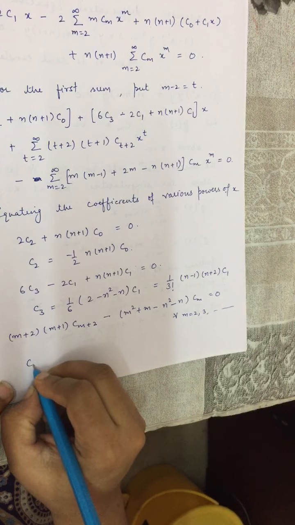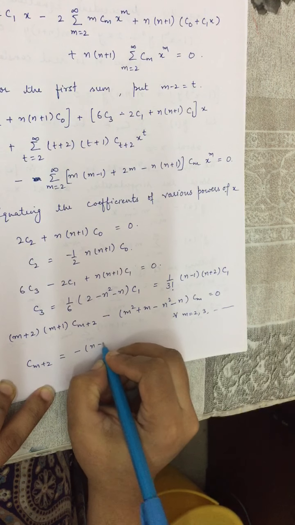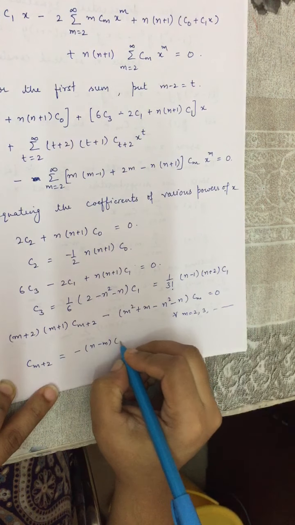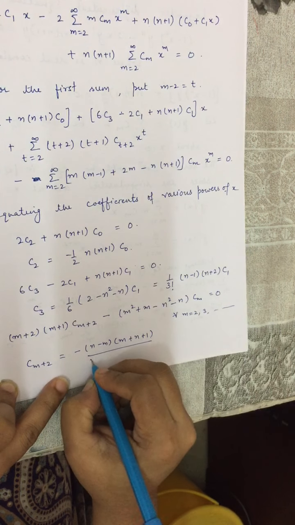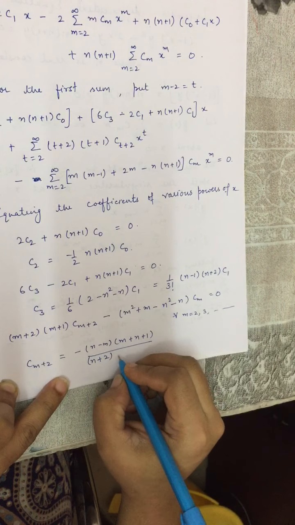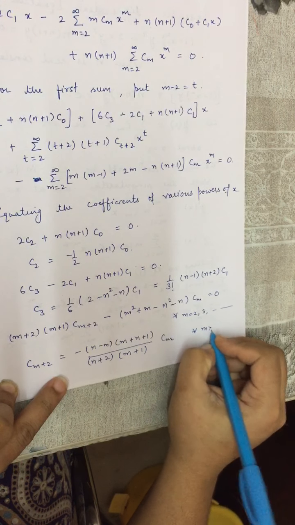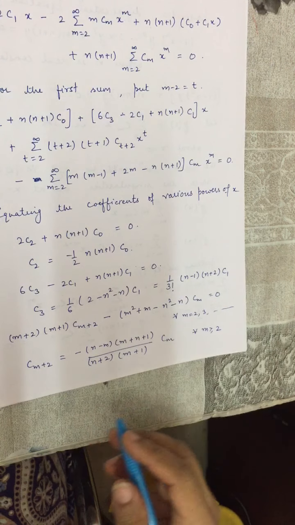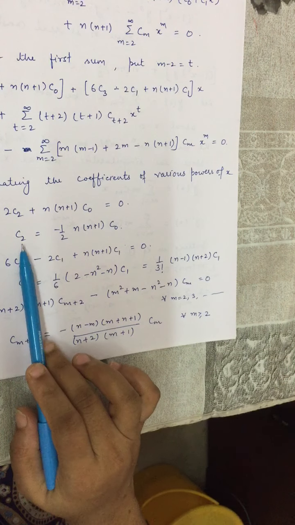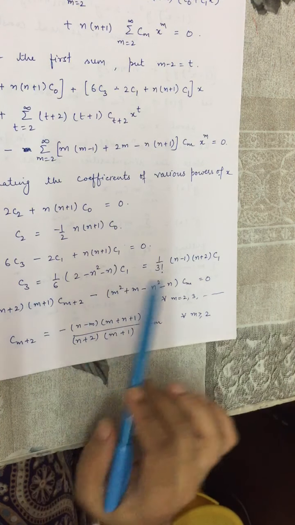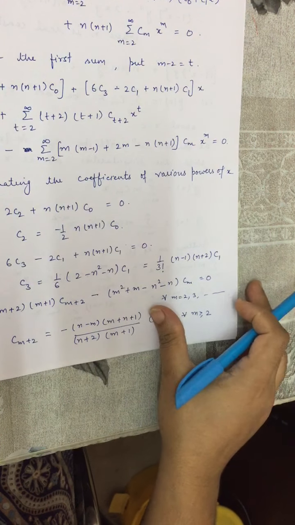So from this we will get C_{m+2} is minus (n-m)(m+n+1) divided by (m+2)(m+1) Cm for all m greater than or equal to 2. So we can see, like C2 in terms of C0, C3 in terms of C1, we get C_{m+2} in terms of Cm here.